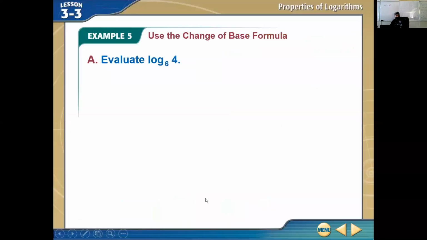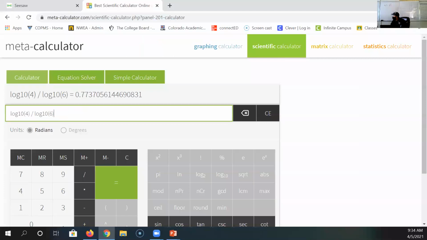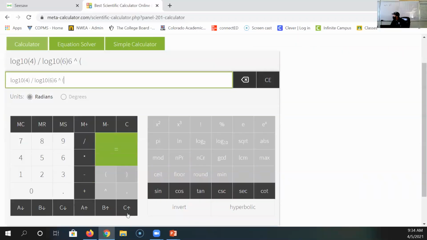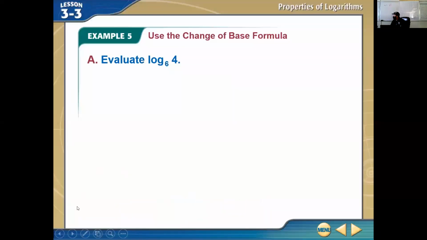And if you wanted to check that on a calculator, you could actually do that. You could say 6 to the, oh, I messed up. I'll get their answer first.